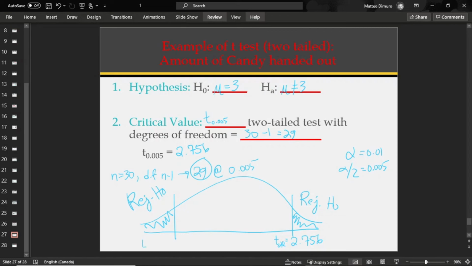On the left-hand side, negative t alpha divided by 2, so it'll be just negative 2.756. Okay, so you must write it. I kind of ran out of room, but you say right over here, if t is greater than 2.756 or t is less than negative 2.756, reject H0. Okay, so draw that picture and make sure you have that statement written there because it's your logic. That's your logical test that you're going to do.